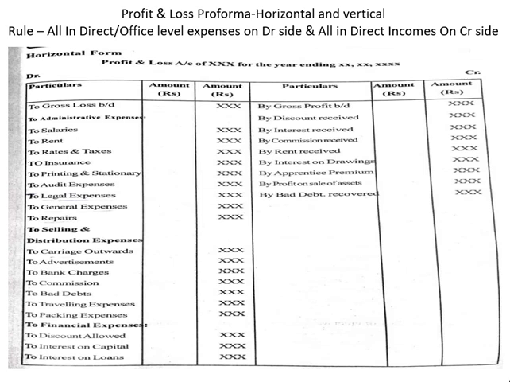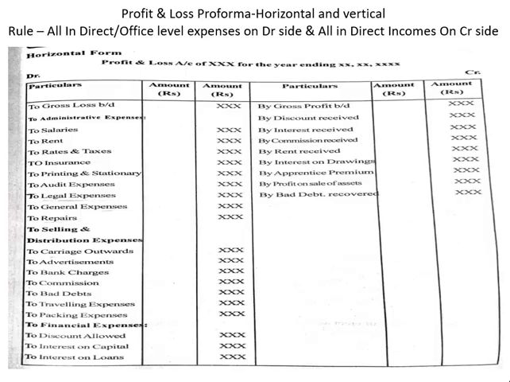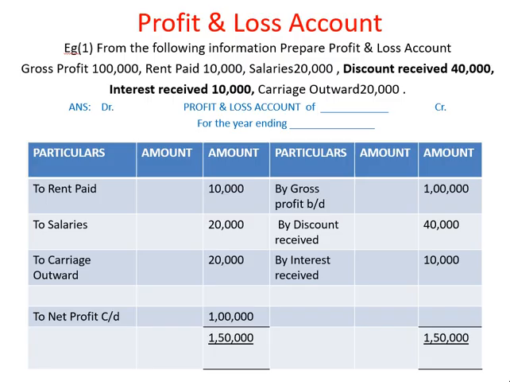This is the pro forma I made here, showing what will be on the credit side and debit side, written in a smaller form. Let us solve one problem, then you will understand.